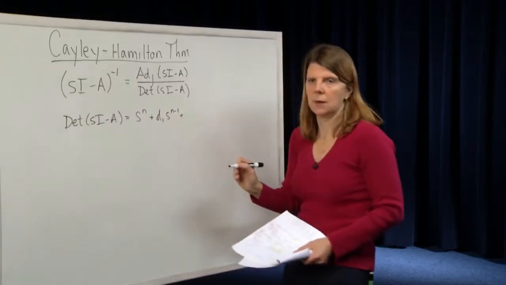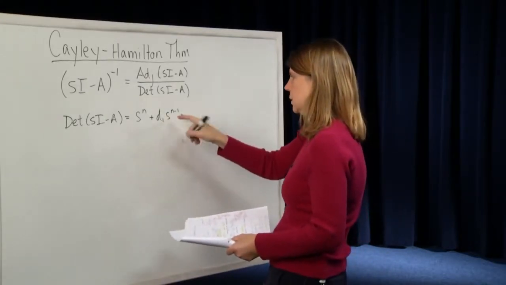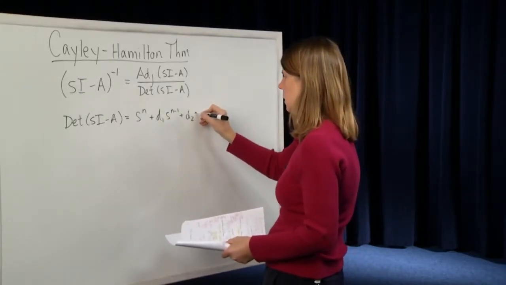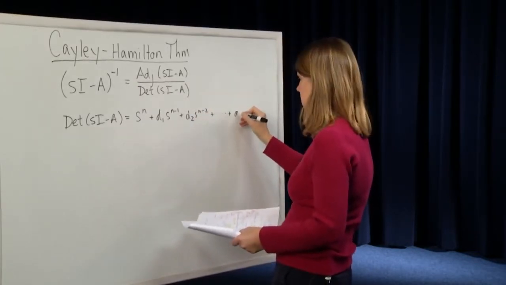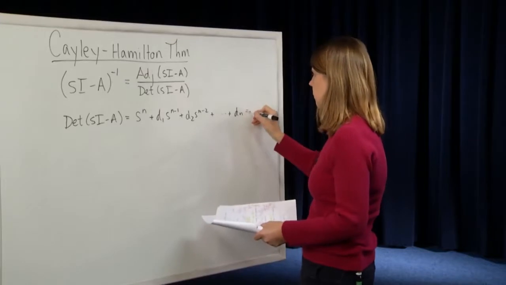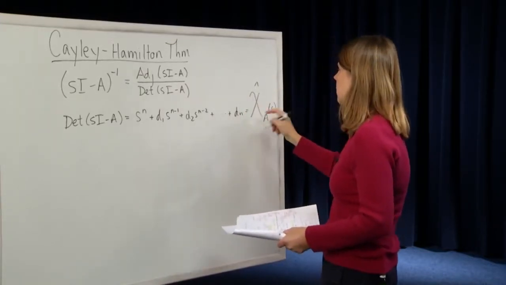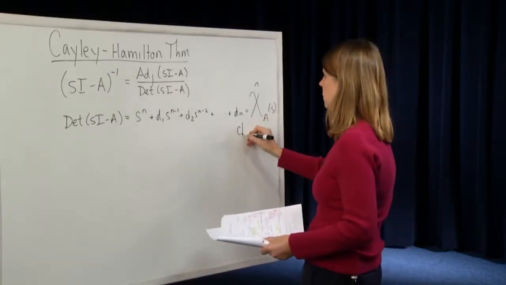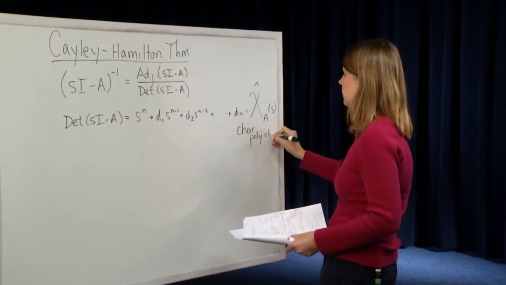So let's represent it as s to the n plus d1 s to the n minus 1, etcetera, plus dn. We usually use this terminology, chi hat A of s, for the characteristic polynomial of A.